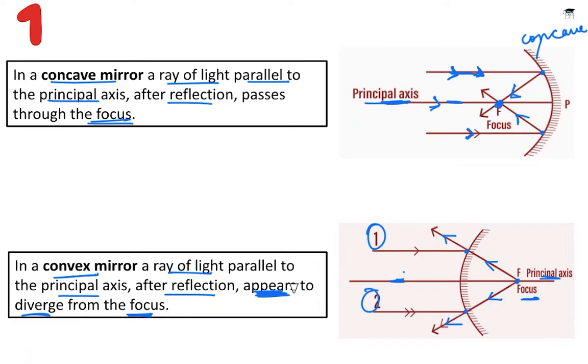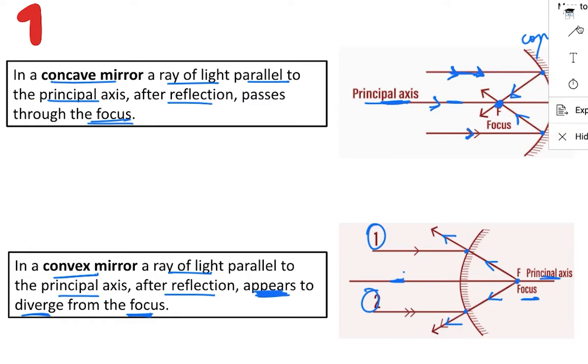That is the meaning of appears to diverge from the focus. So whenever we draw a convex mirror and a ray of light parallel to the principal axis, we draw that ray of light as if it is diverging from the focus.